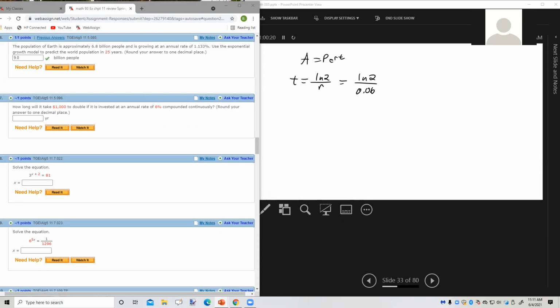So let's save ourselves some time. The natural log of 2, close it up, divided by 0.06. And I'm getting 11.552455301. And it says to 1 decimal place, this 5 would round up, so 11.6 years.